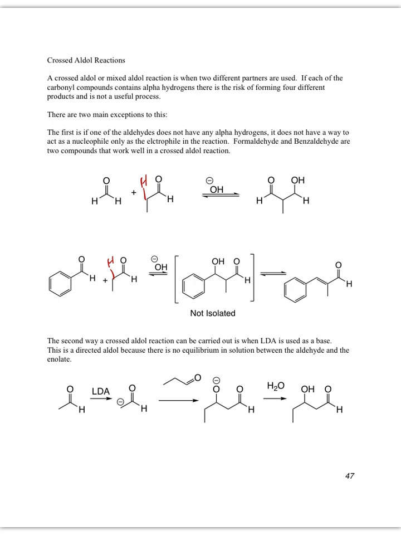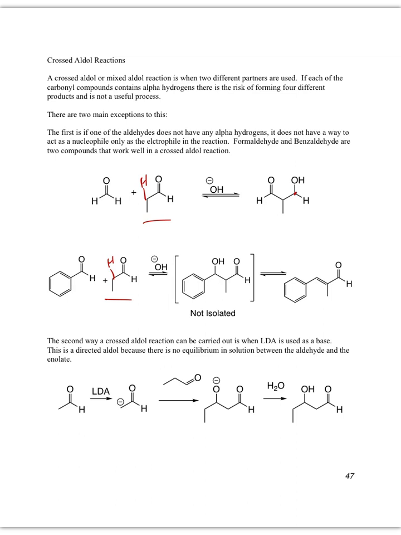If both things had alpha hydrogens, it'd lead to a giant mess. Okay. So with the propanal, we can add propanal to formaldehyde and add one carbon onto it with the OH to make the beta hydroxyaldehyde. If we use propanal and benzaldehyde, we can get the substituted cinnamaldehyde, okay, with the extra methyl on it.